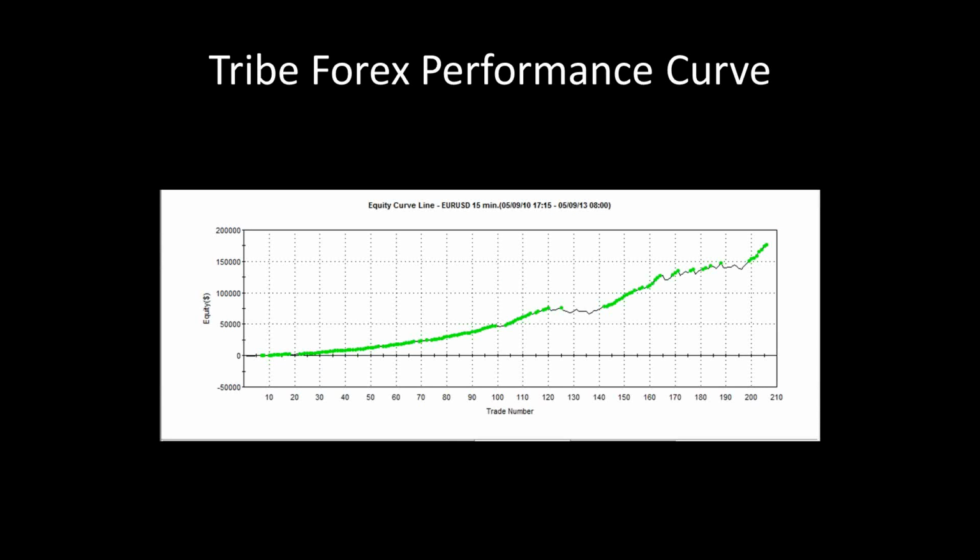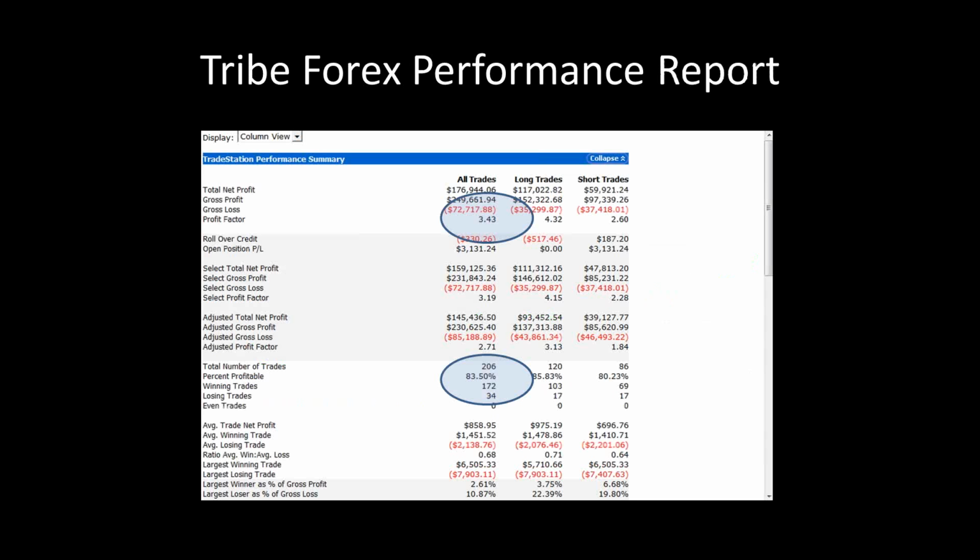So you're saying, let me tell you more about what Tribe Forex is about. This is the Tribe Forex performance curve, and I'll show this to you live in a second on a TradeStation account if that's what you want to see. Basically, this is the last year of activity that we've had based upon our set and forget trades. It's a once-a-day trade. It's not a perfect equity curve, but this is what we've done in real time, taking trades based upon our biases, and I'll talk to you about bias in a second.